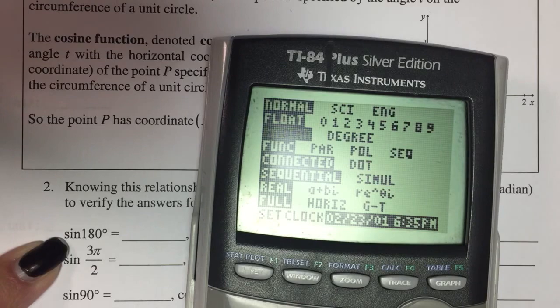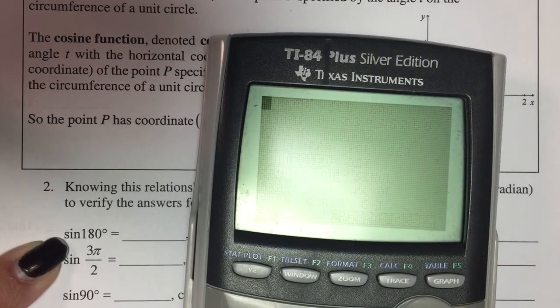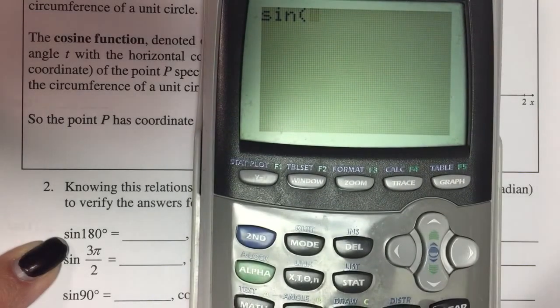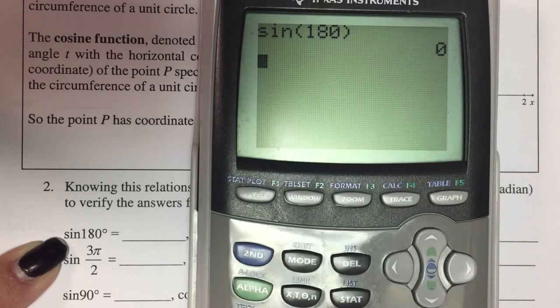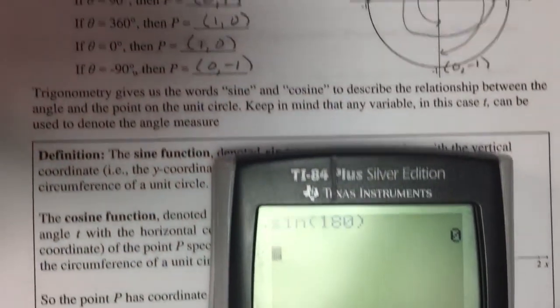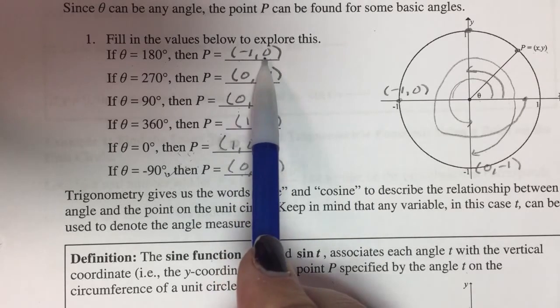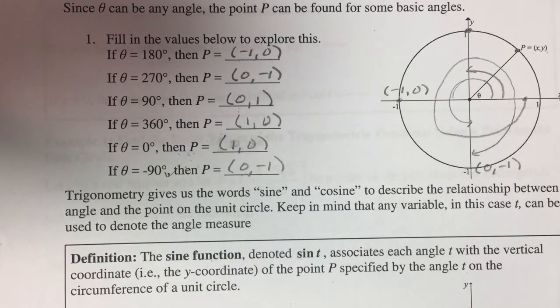I need it to be in degree mode. Now if I press the sine button and 180 degrees, I get 0. And that's exactly what we saw: the point up here was -1, 0, cosine, sine, the sine was 0.